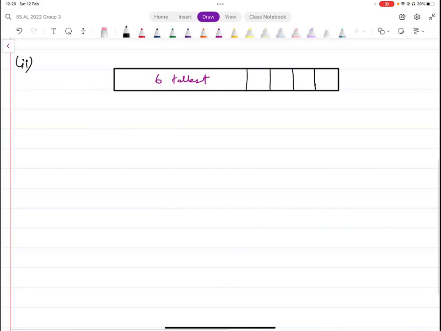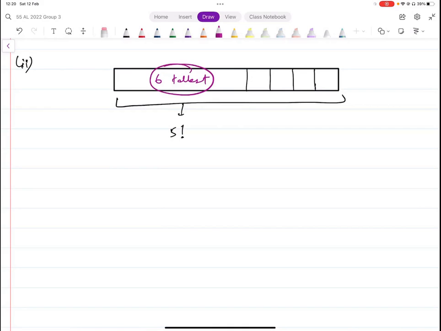We've got, for the outer boxes, 5 factorial. And then inside this box, there are also 6 people. We've got 6 factorial. So you've got 5 factorial into 6 factorial. And that's it.